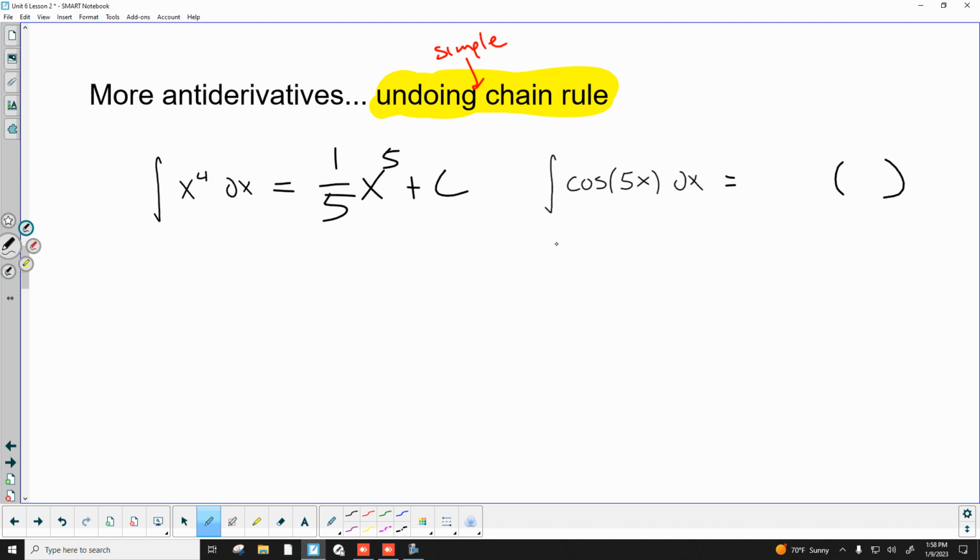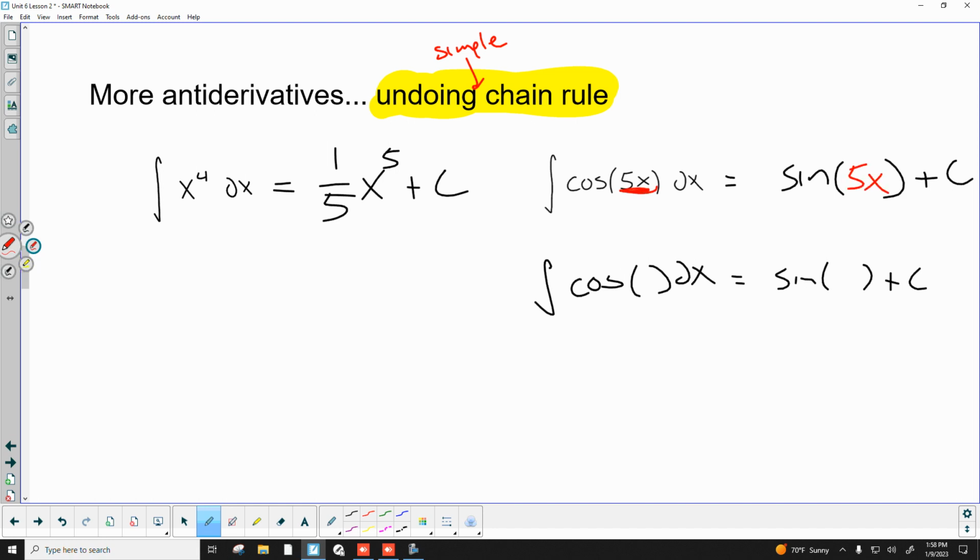So many of you probably thought, maybe you didn't write it down, what is the antiderivative of just cosine? Or the antiderivative of cosine parentheses. Many of you were like, well, sine's derivative is cosine, so the antiderivative of cosine parentheses is sine parentheses, maybe plus a c. And you probably put sine plus c. And many of you were like, what starts in the parentheses stays in the parentheses, and you write sine 5x plus c. That's kind of what I wanted you to start with.